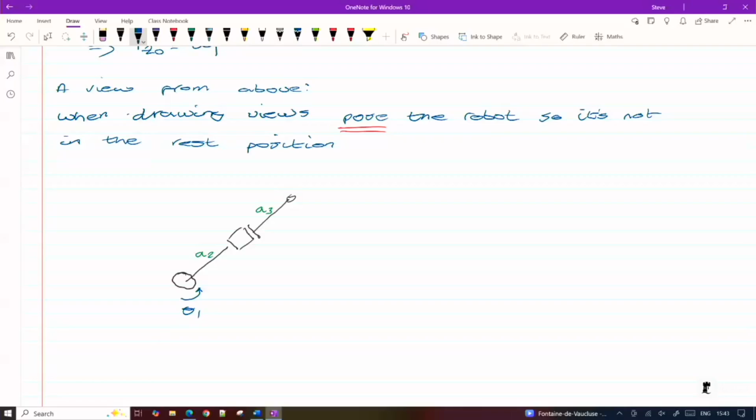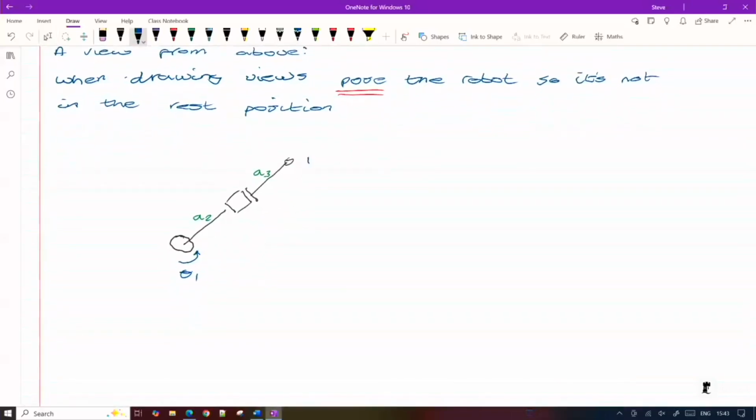Not in the rest position. And from this view, we've removed any movement in z. Anyway, we can see movement within our plane x0, y0.